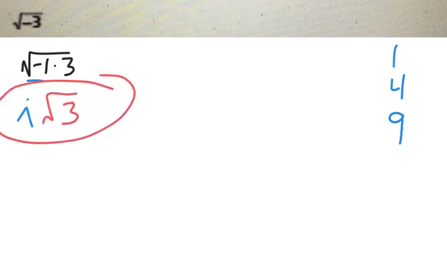What's the square root of 3? It's not a perfect square. Can I rewrite it as a perfect square times a whole number? No, right? It's too small. So the answer here would be i radical 3. That's the way I would write that.